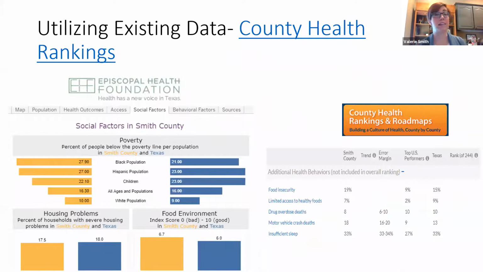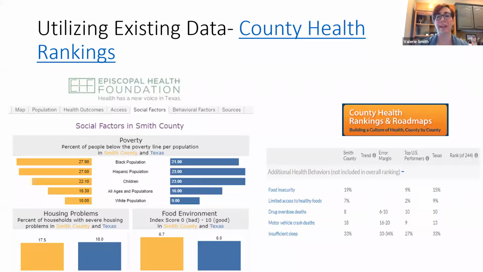The next data source that I wanted to mention is the County Health Rankings. And I'm not sure how many of you all are familiar with those. I do think this is a project that was originally initiated at the University of Wisconsin, but it is really helpful and does have a lot of health data, but it has a lot of other data.